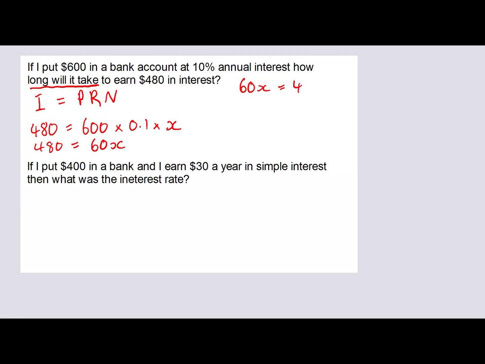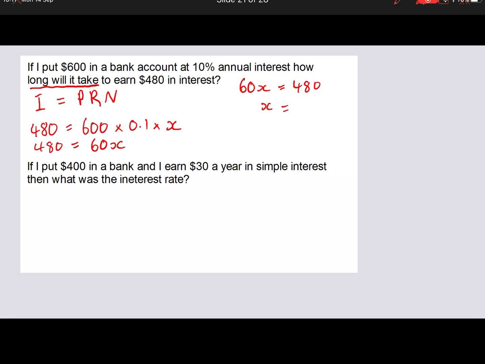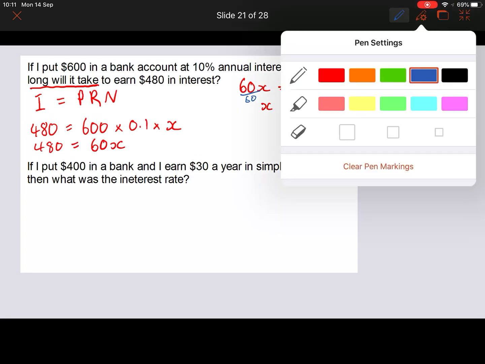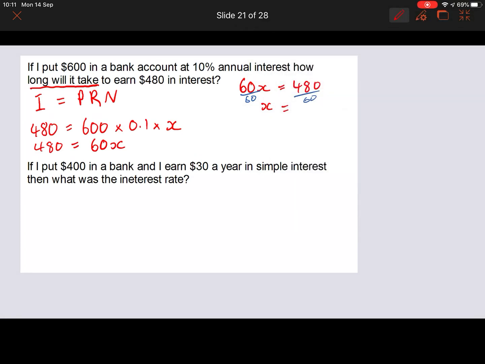Now we can simplify it first, because 480 is equal to 600 times 0.1, which is 60, so 60x. I'm just going to write up here, 60x is equal to 480. So what does x equal? We just got to do a division. We've got to divide both sides of the equation by 60.